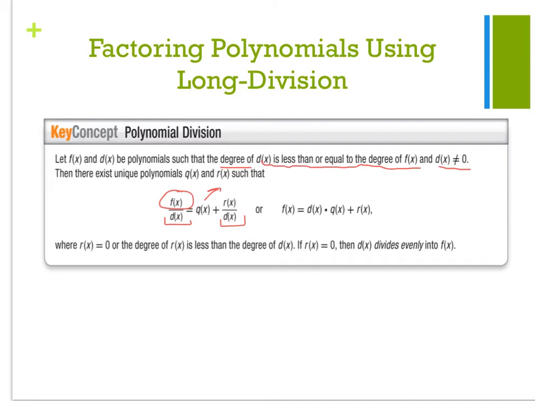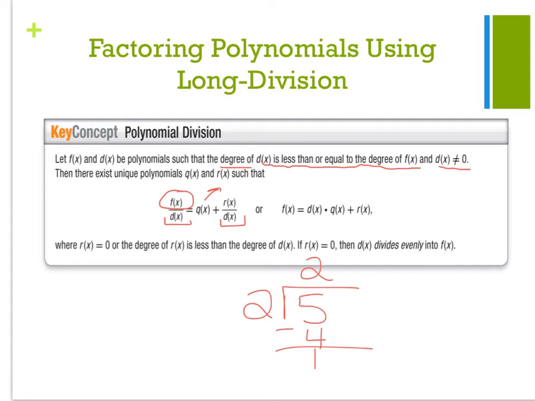For instance, using an example where we don't have a polynomial division, if I divided 5 by 2, 2 goes into 5 2 times. 2 times 2 is 4.